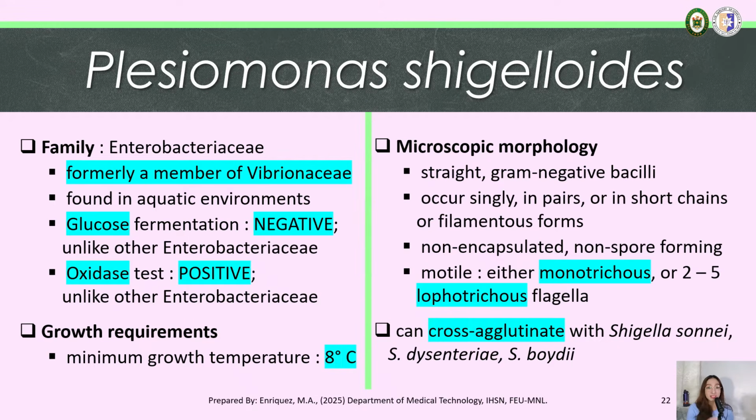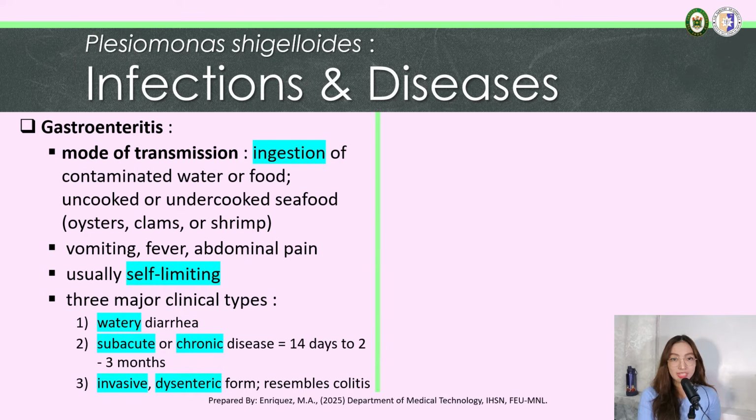Because it has some Shigella-like characteristics. Let's now look into the diseases associated with Plesiomonas shigelloides. Cases of gastroenteritis due to Plesiomonas shigelloides are usually self-limiting and is acquired most often after the consumption of undercooked seafood or untreated water.